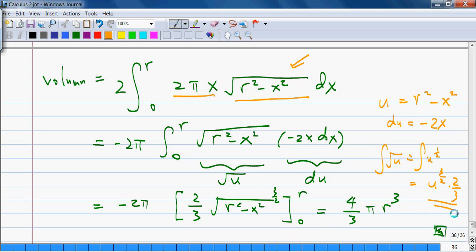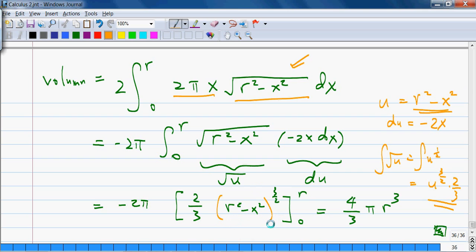That is the correct formula, and you substitute back for u. So it's r squared minus x squared to the power 3 over 2. Because u is just r squared minus x squared, there's no square root here, so when I substitute back, it should be the original one.